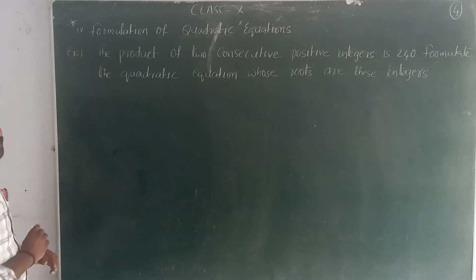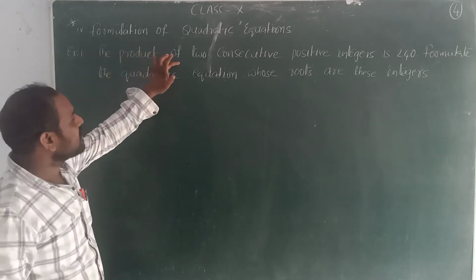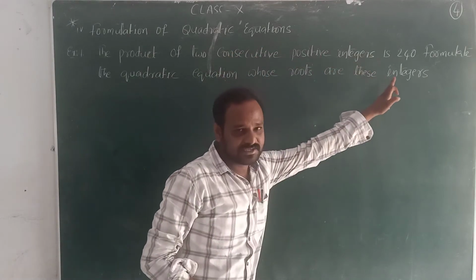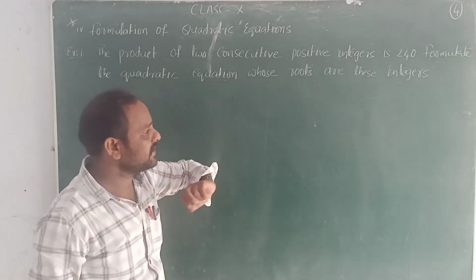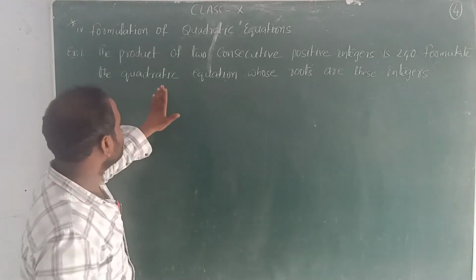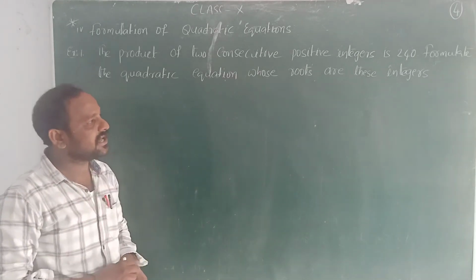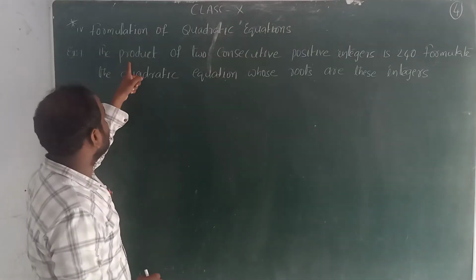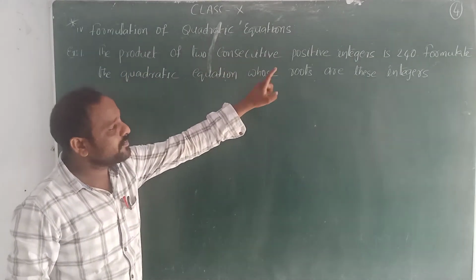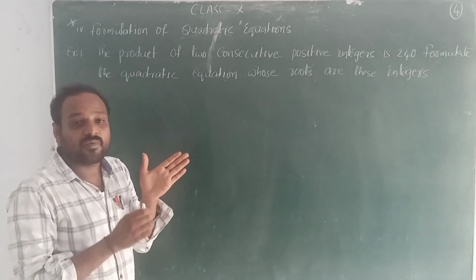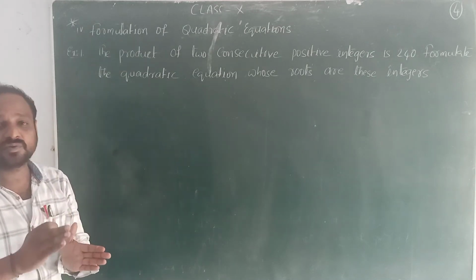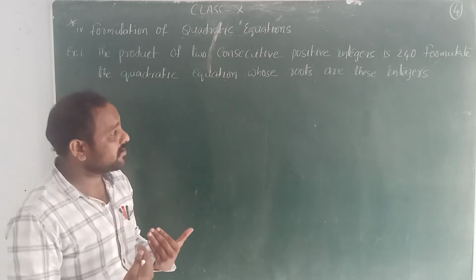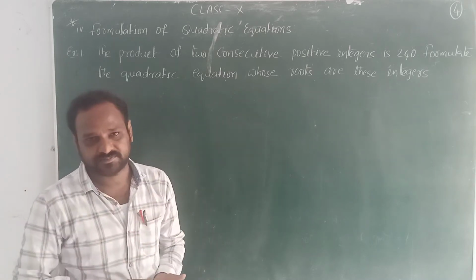Example 1: the product of two consecutive positive integers is 240. Formulate the quadratic equation whose roots are these integers. First, what are those two consecutive positive integers? We already know that consecutive means side by side.